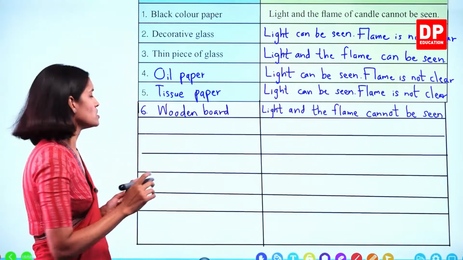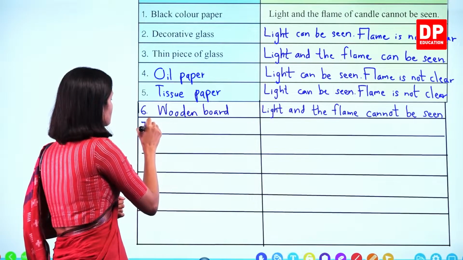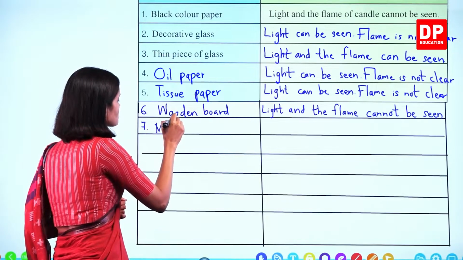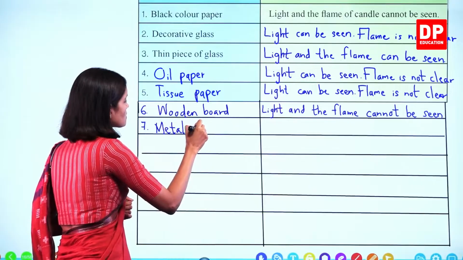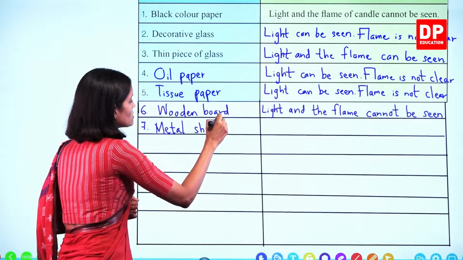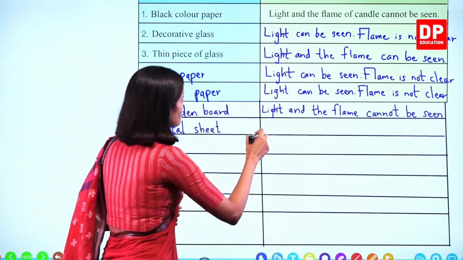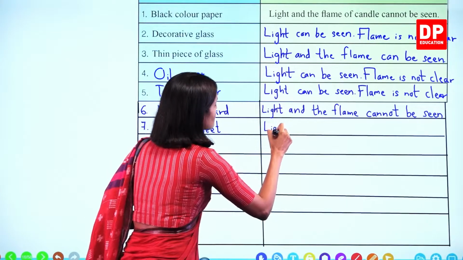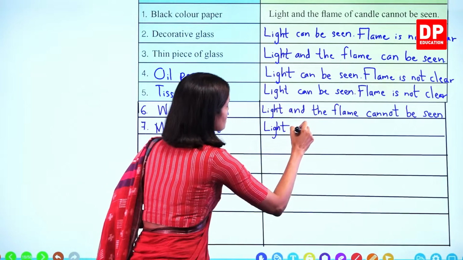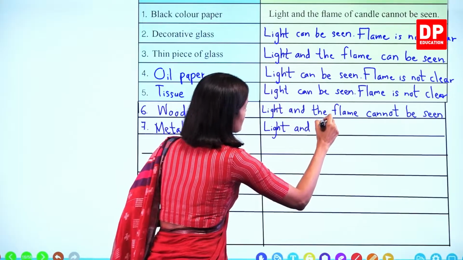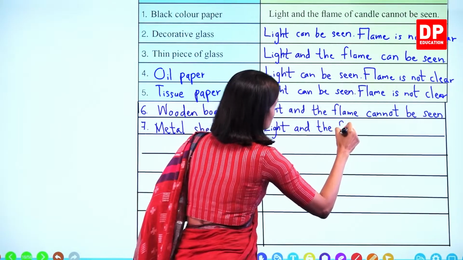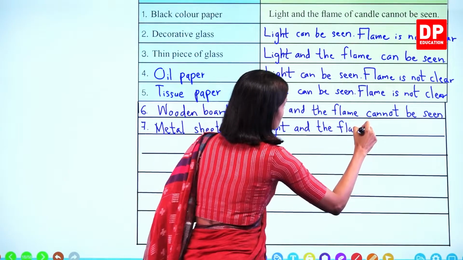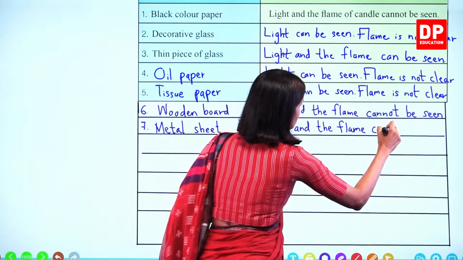What about the metal sheet? Metal sheet also. Light and the flame cannot be seen.